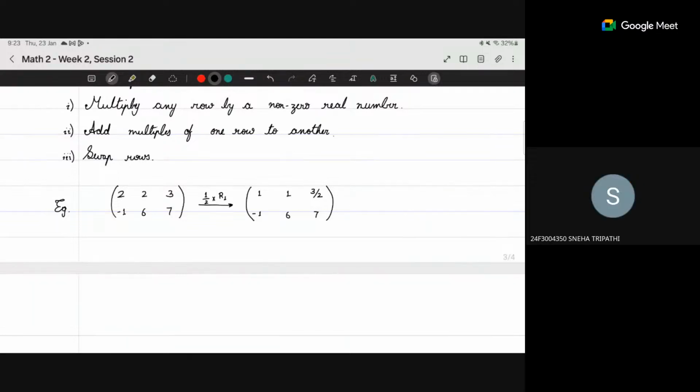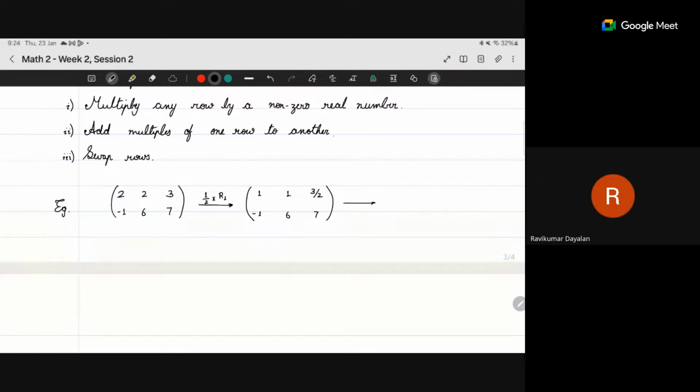Rule 1 says that row 2 also has to have 1 as the leading entry. If I multiply row 2 by -1, the leading entry will be 1, but that will not be to the right of the leading entry of row 1. So I want the 1 in this position, and I want a 0 in this position. How will I get a 0 in that position?